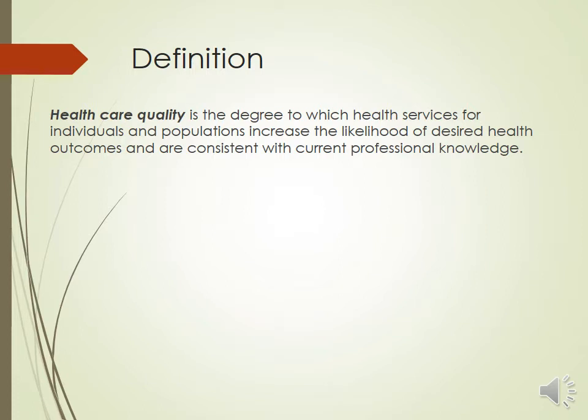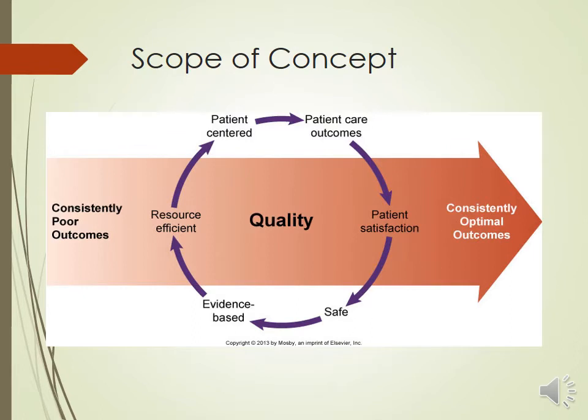And they have to be consistent with current professional knowledge. So we look to the evidence and the research to ensure that the outcomes or the benchmarks that we're setting are appropriate with current research. Healthcare quality is quite multifaceted.